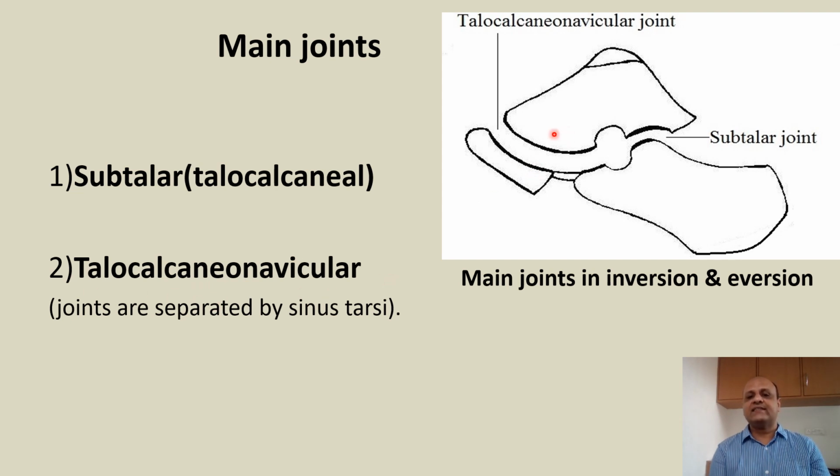This is the talus, this is the navicular bone, and this is the calcaneum. So the articular surfaces are shown shaded darker. So here we can make out that this is the joint cavity of the talocalcaneonavicular joint. Yes, both the joints, the talocalcaneonavicular joint and the subtalar joint, are separated by this sinus tarsi.